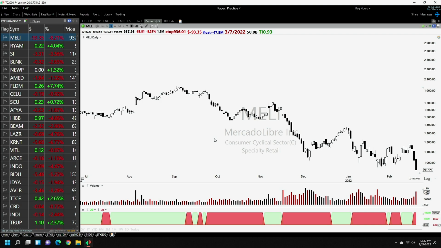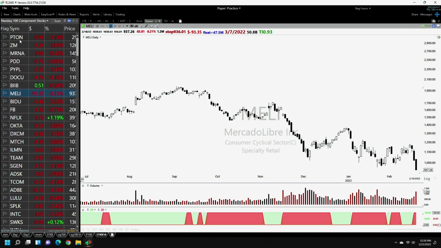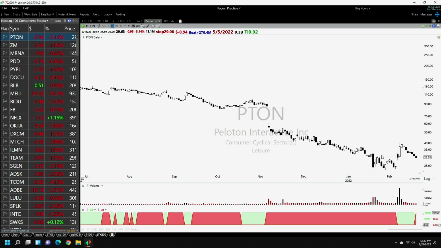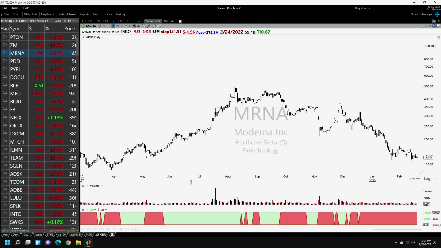And you can look at any chart for that matter, or you can go to say Nasdaq 100 and look at Peloton. So Peloton is riding its 20-day moving average to the downside. Or like Zoom has been riding its 20-day moving average to the downside. Or Moderna was riding its 20-day moving average to the upside. Now it is riding to the downside.